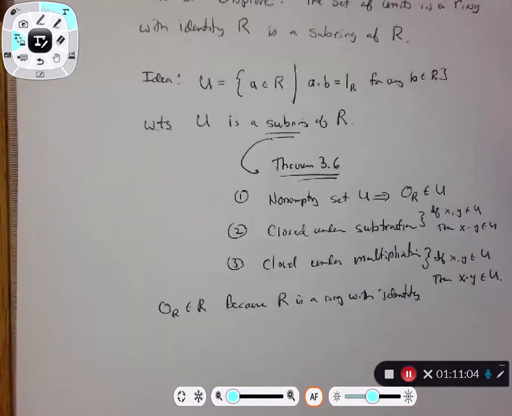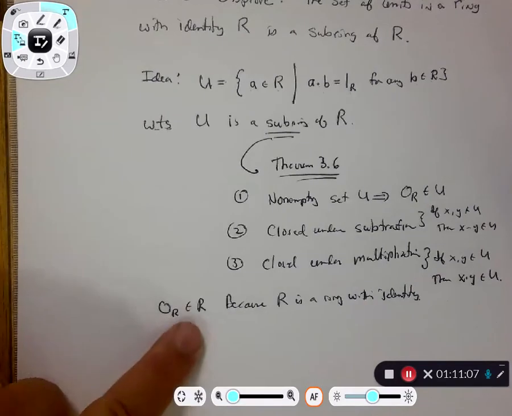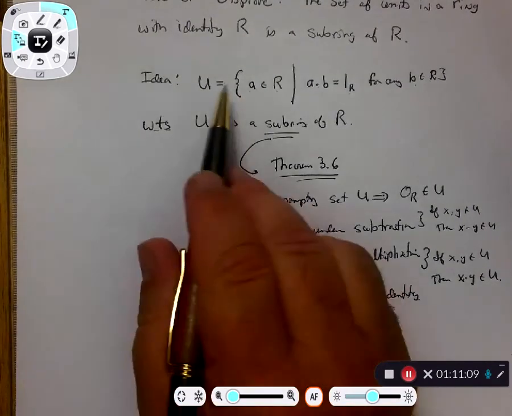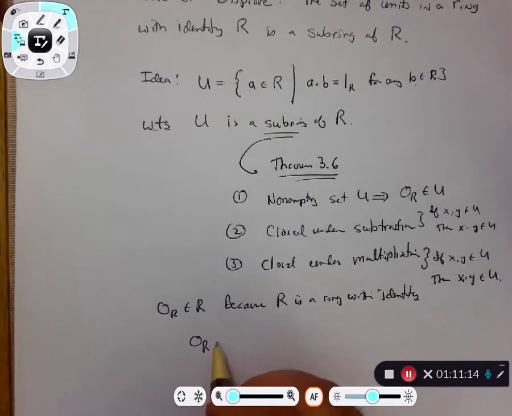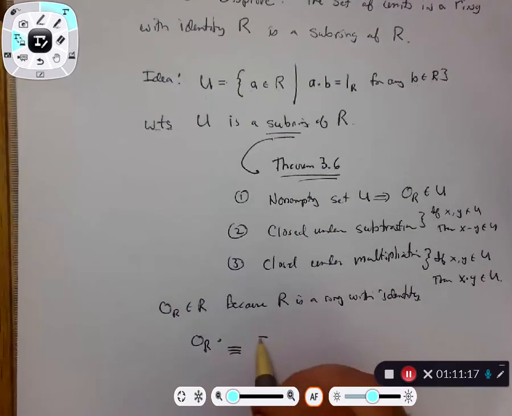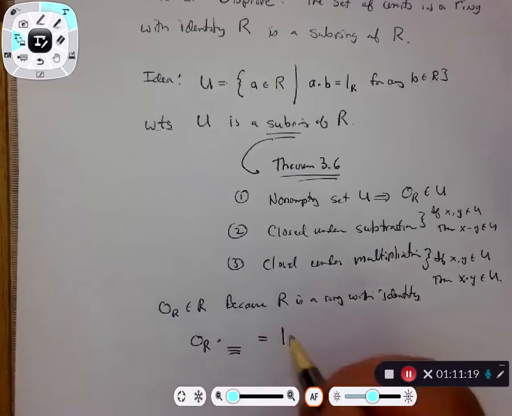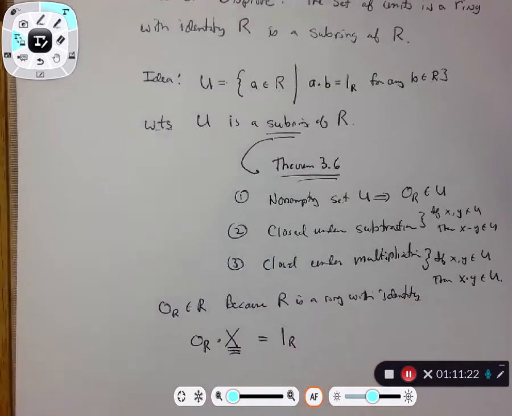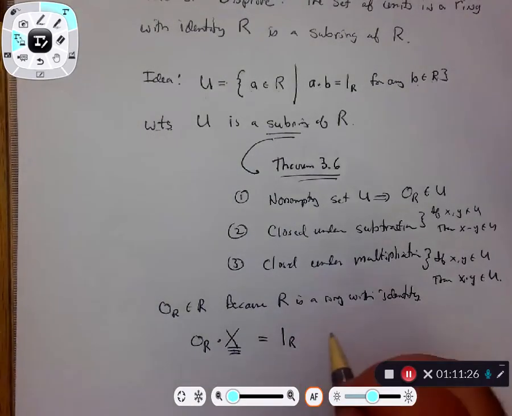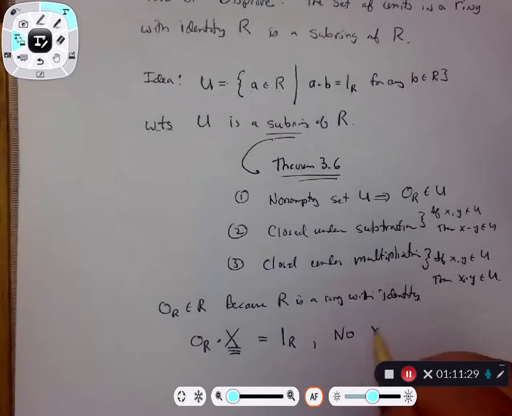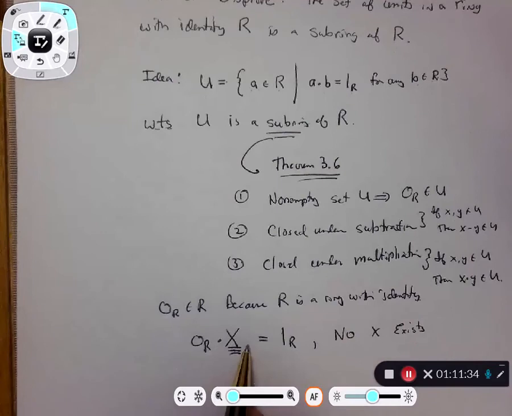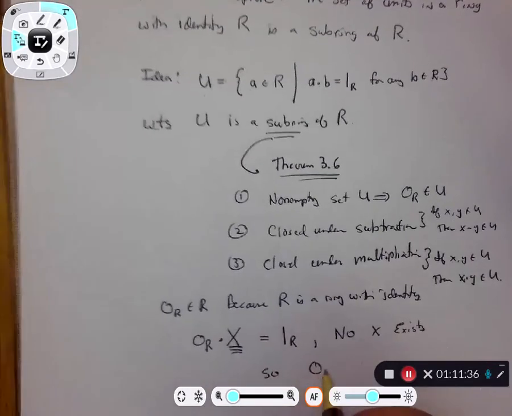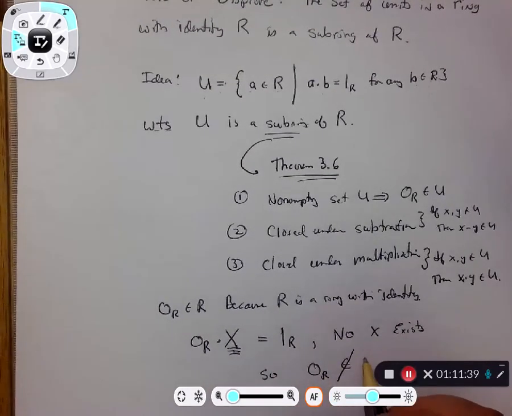It has that one element in there, but it's a ring. 0 in R is an element of R. But is 0 in R going to be an element of U? 0 in R times what element is going to be equal to that 1 in R? What element do I multiply 0 by to get 1? You don't. No x exists. Okay? So 0 in R is not going to be an element of U.